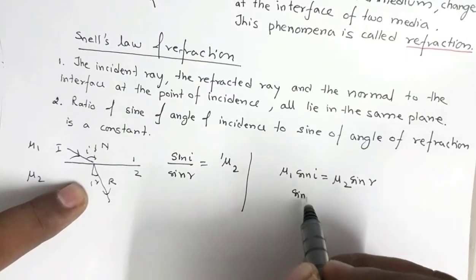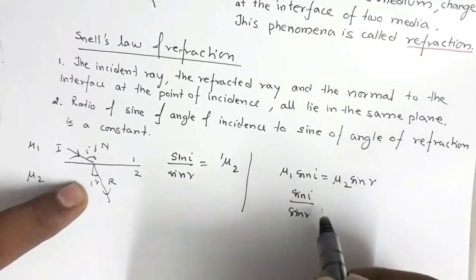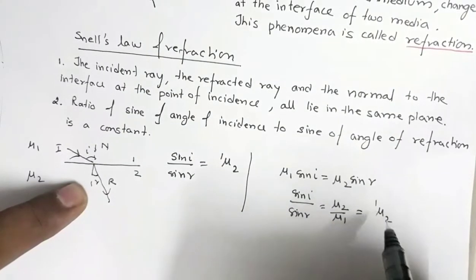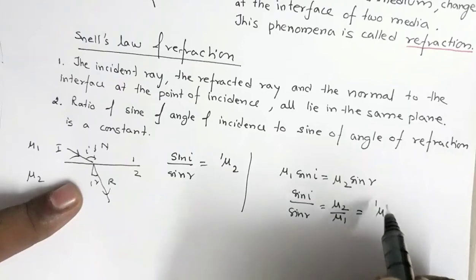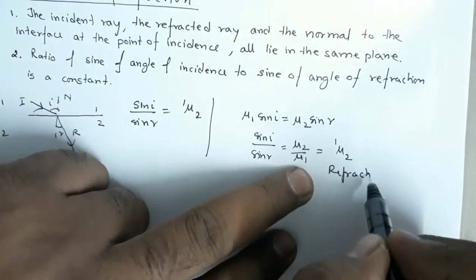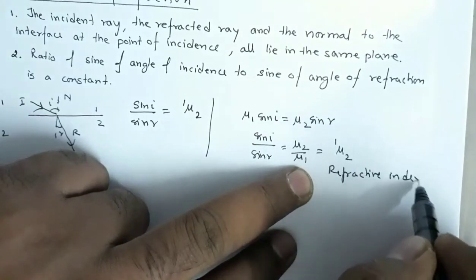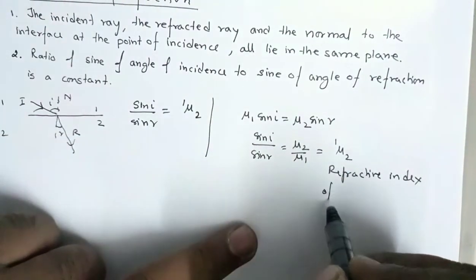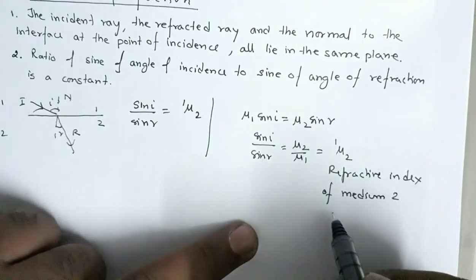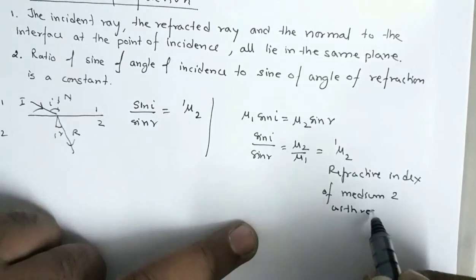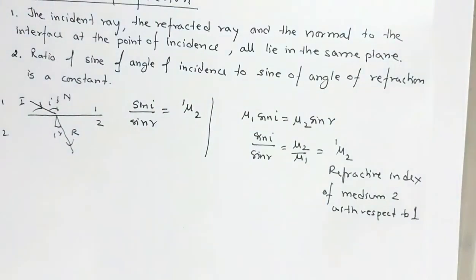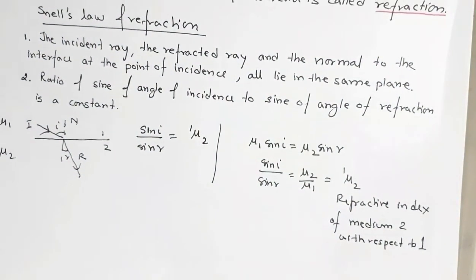So we have sine i by sine r is equal to mu2 by mu1. So that is equal to mu21, that is refractive index of medium 2 with respect to medium 1. So this is Snell's law.